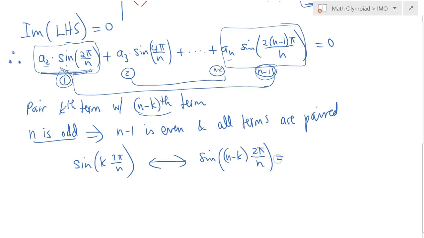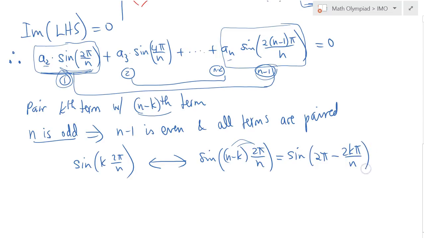Now let's have a look at this expression here. I can just expand it, right? So n times 2 pi over n is just 2 pi. I'm just distributing this. So this is just sine of 2 pi minus 2k pi over n.